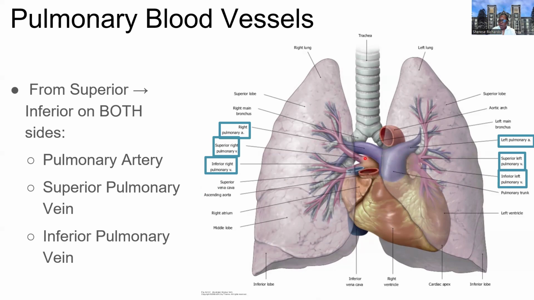So notice that they're all dumping into the left atrium, which is at the upper back part of the heart, the superior posterior chamber of the heart, which is where those 4 veins will bring back oxygenated blood. Okay, so 2 arteries and 4 veins that are in relation to the heart chambers and the lungs.